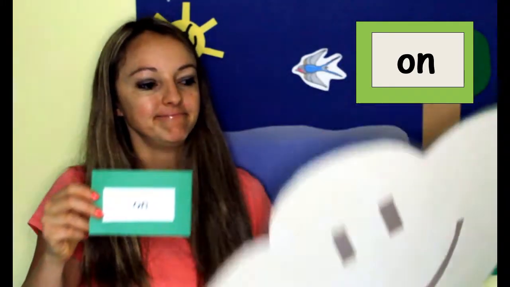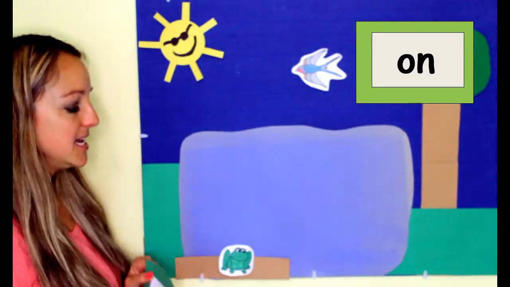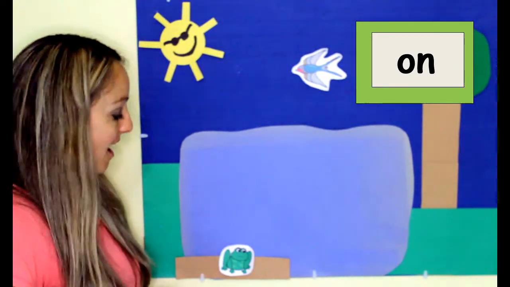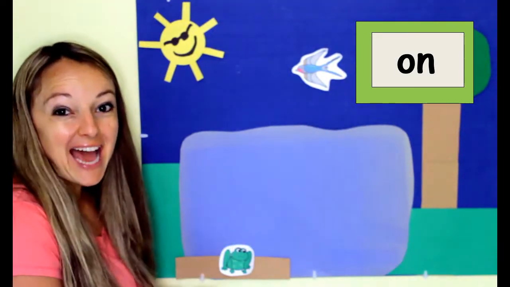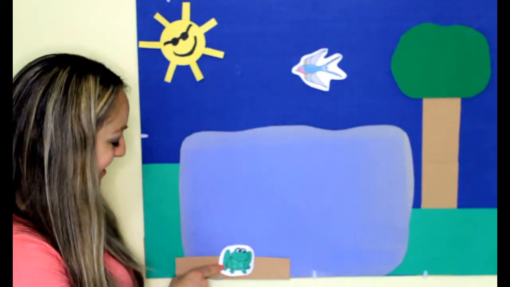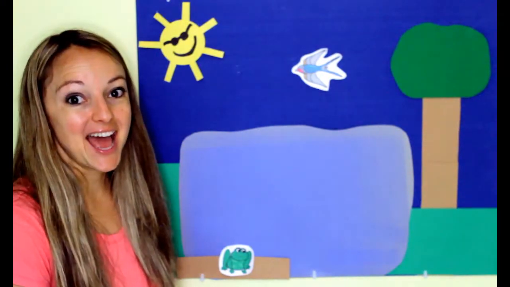We're going to be looking for what he might be on. Do you see Froggy on anything? There he is! He's hiding on the log! Hi, Froggy, we found you! Okay, he's gonna hide again.